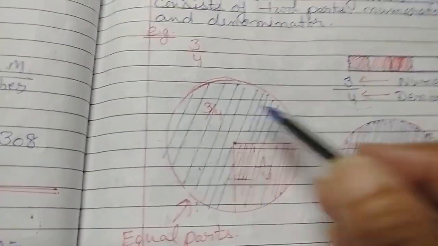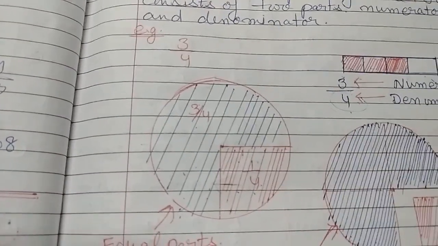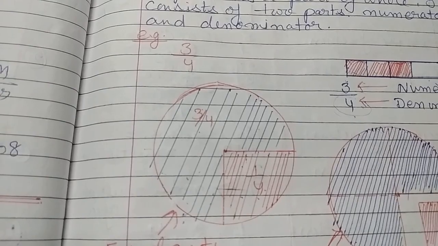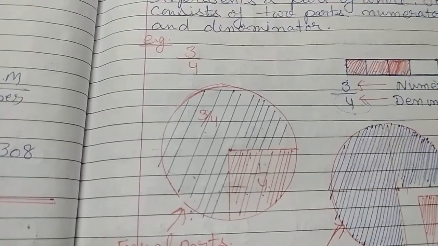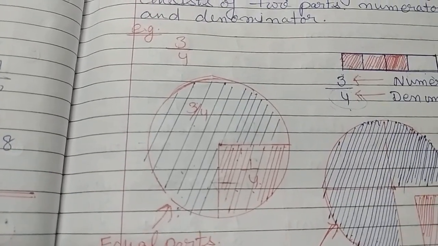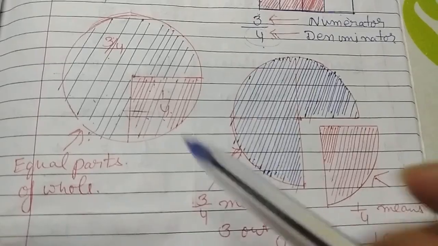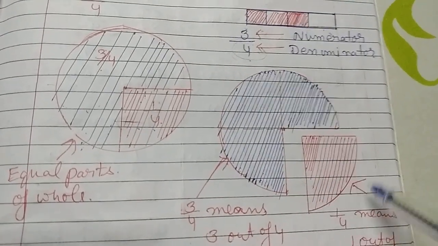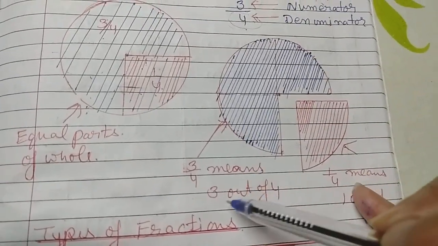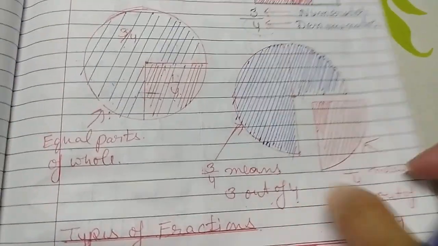It means when you divide the circle into four equal parts, one part is red shaded and three parts are blue shaded. Among four parts, three parts are blue, and among four parts, one part is red. So here I separate this one. So 3 by 4 means 3 out of 4 parts, and 1 by 4 means 1 out of 4 parts.